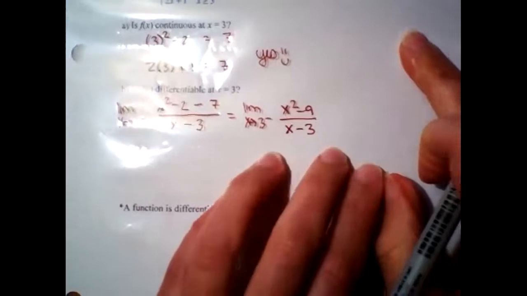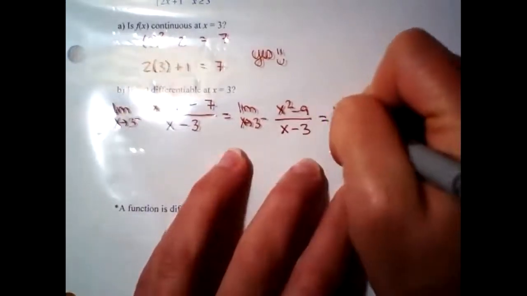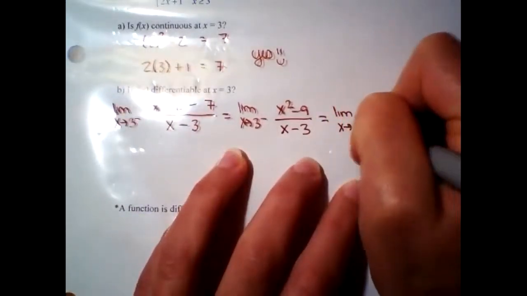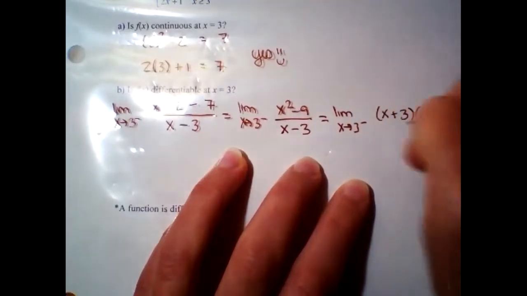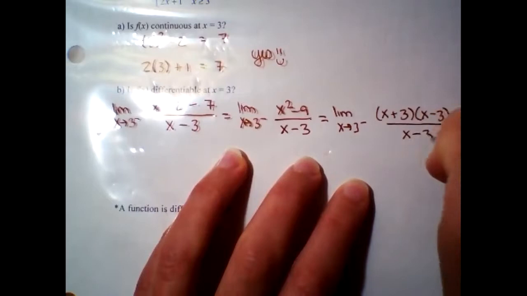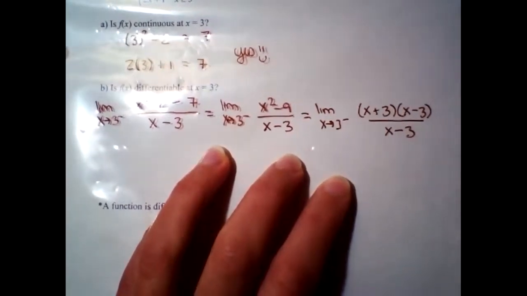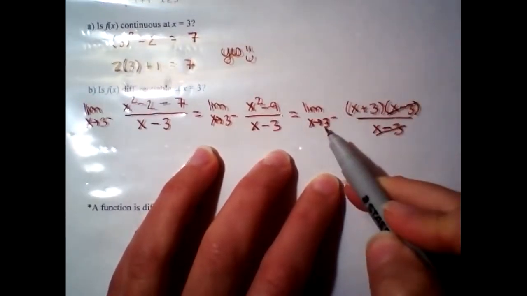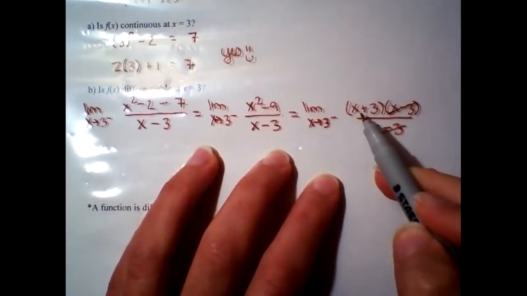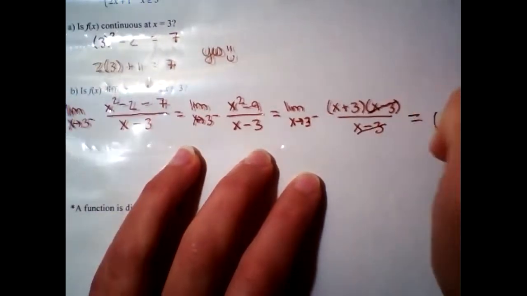And then that is going to split into x plus 3, x minus 3. And so the x minus 3s are going to cancel. And if I plug in 3 for x, I'm going to get 3 plus 3, which is 6.